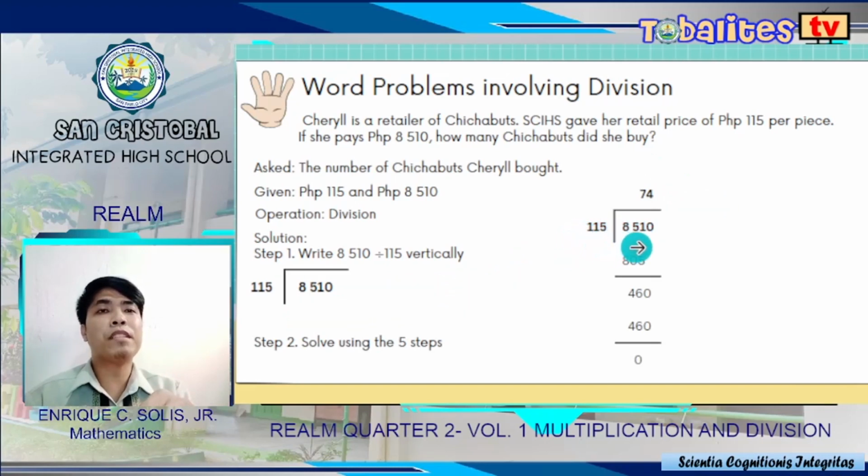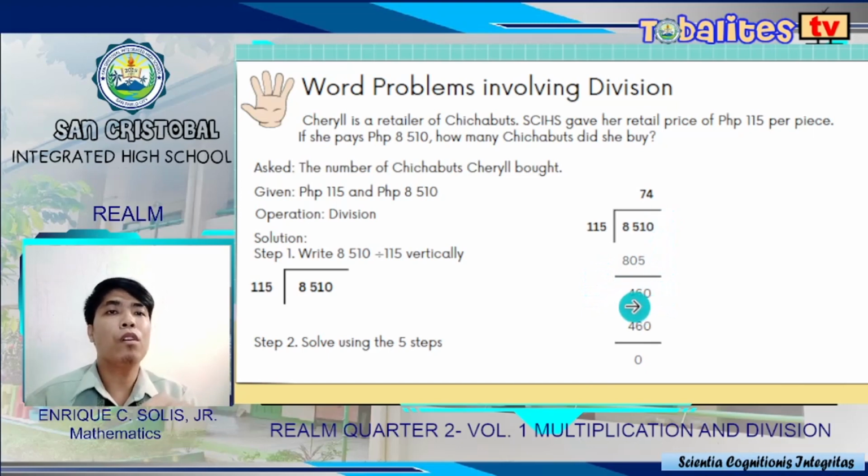Since 85 is not divisible by 115, we will proceed with 851. 851 divided by 115, we have 7. 7 times 115, we have 805. 851 minus 805 is 46. Then bring down 0.